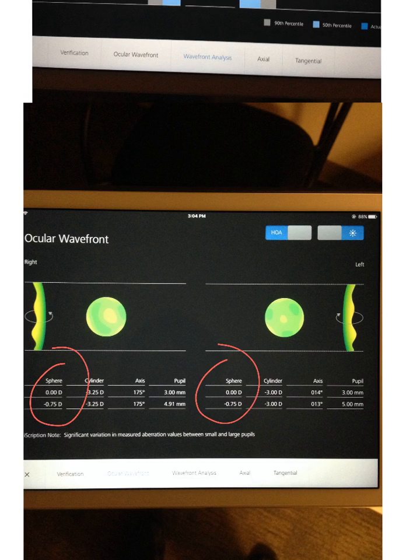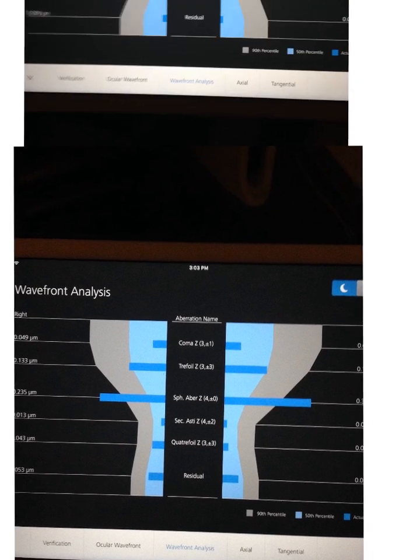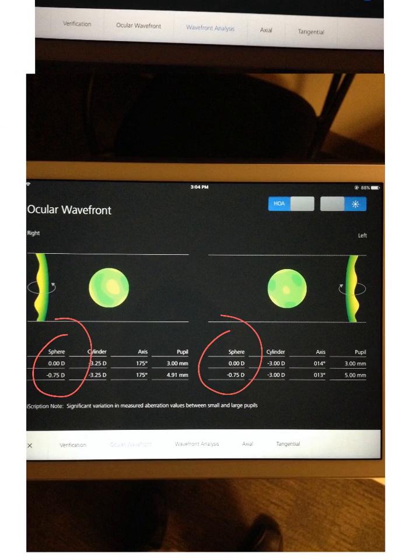I actually did a night refraction on this patient, and he preferred more minus at night. I gave him a separate prescription to drive at night because he had a lot of spherical aberration at night, and it actually manifests as night myopia. So look out if you see a lot of spherical aberration, then it can manifest as night myopia. It doesn't happen all the time, but it should happen most of the time.